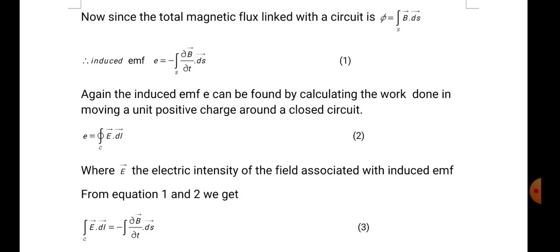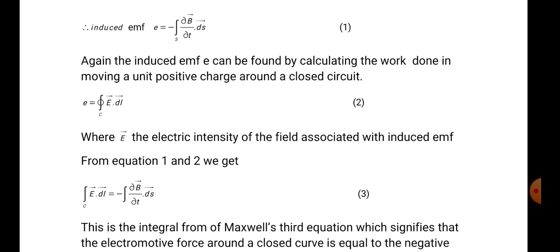From equations 1 and 2, we get the closed line integration of E bar dot dl bar is equal to minus the surface integration of del B by del t ds bar, and this is equation number 3. This is the integral form of Maxwell's third equation.